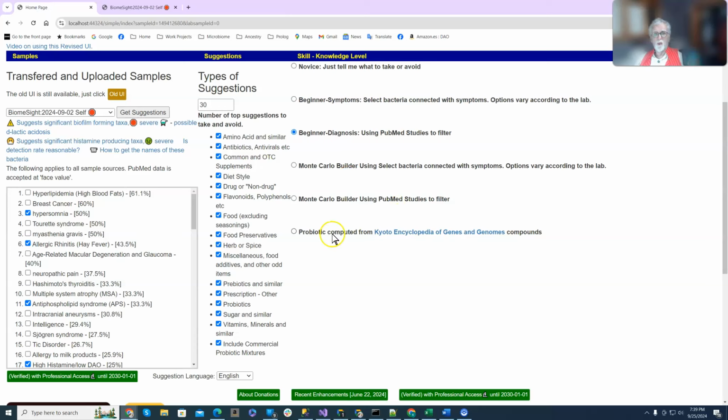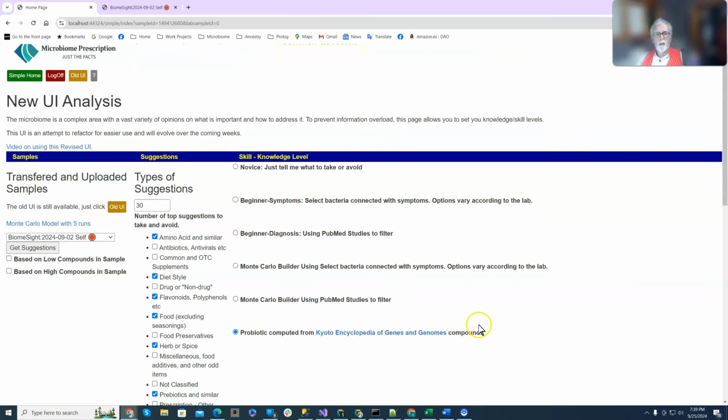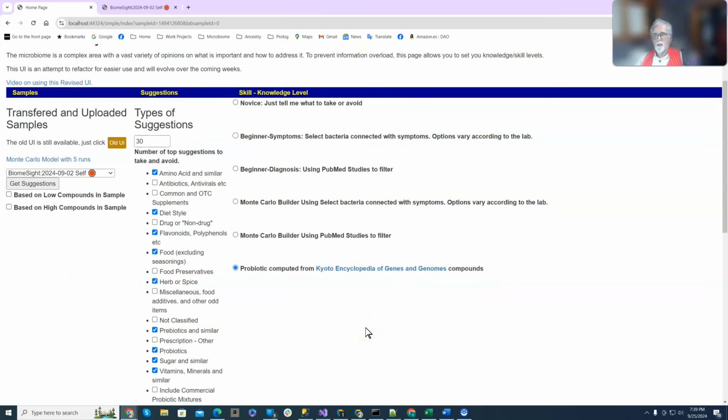Now the third one is probiotic computed from KEGG data. This one takes a little bit of explanation. Basically, from the entire microbiome, we calculate all of the compounds which are being produced and consumed, and identify if you are low on one or high on one.